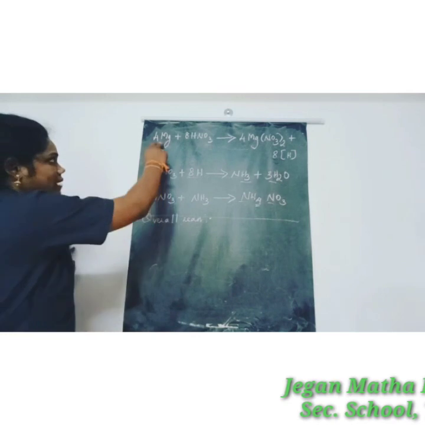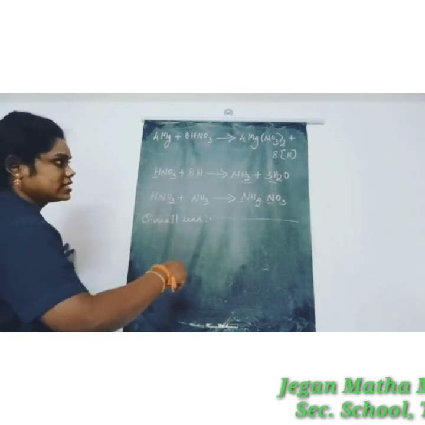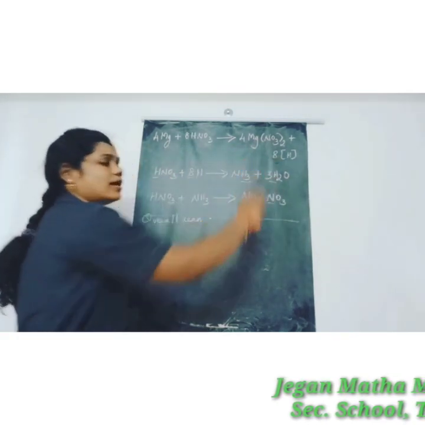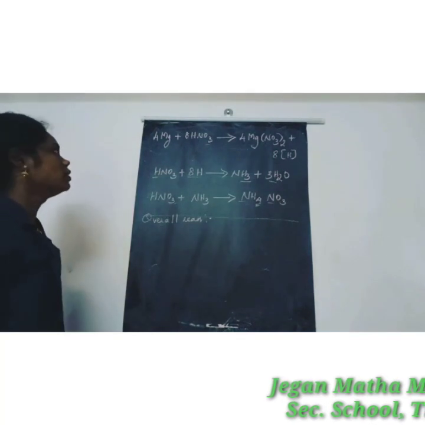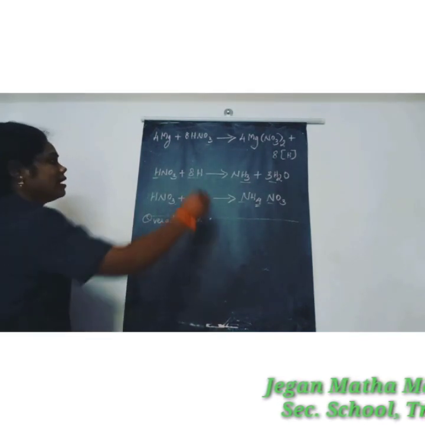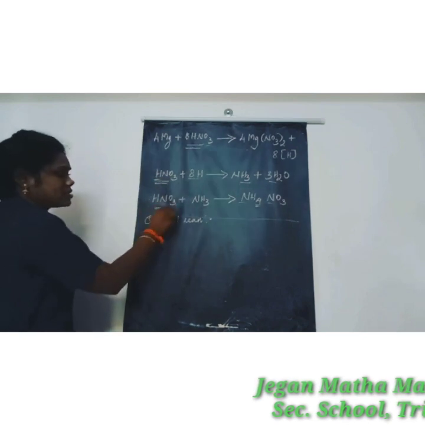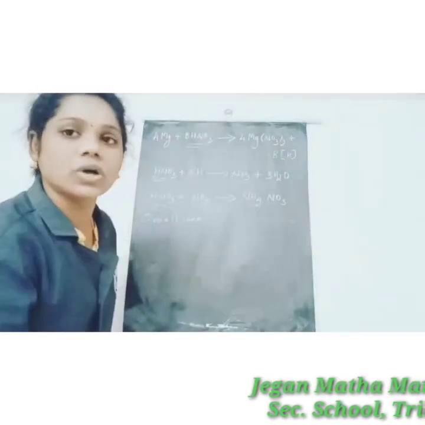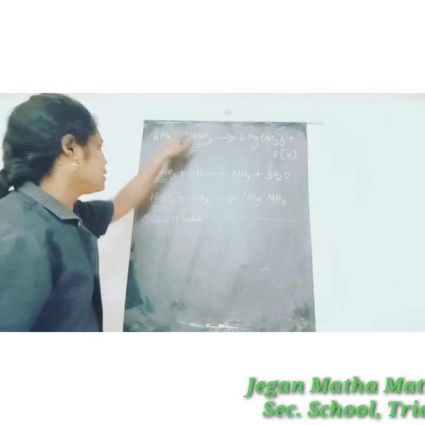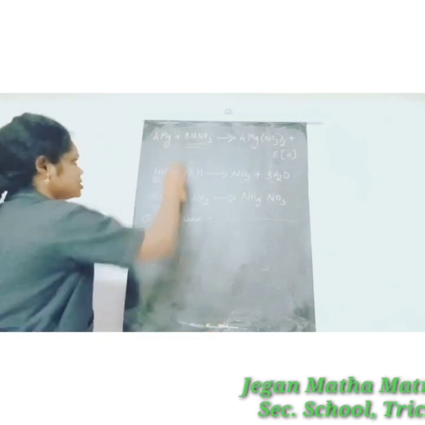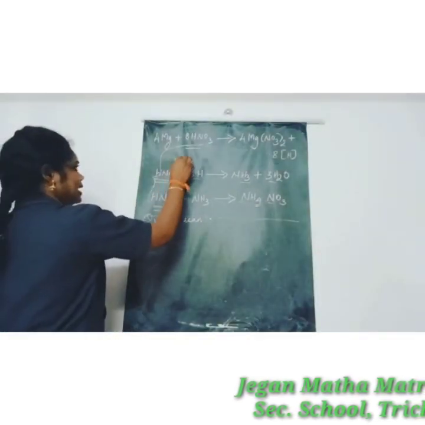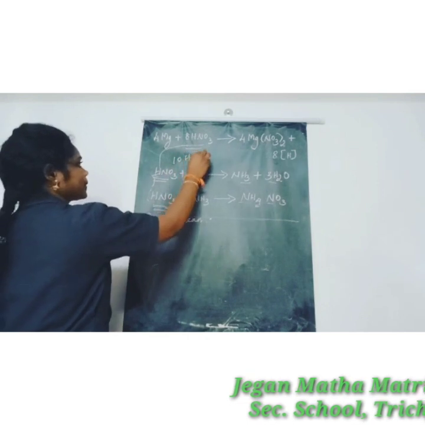Okay, 4 times Mg. So here no Mg is present on the other side, so no need to cancel. Here 8 times of HNO3. Here one HNO3. So here one HNO3. So totally 8, 9, 10 times of HNO3 is present here. 10 times of HNO3.